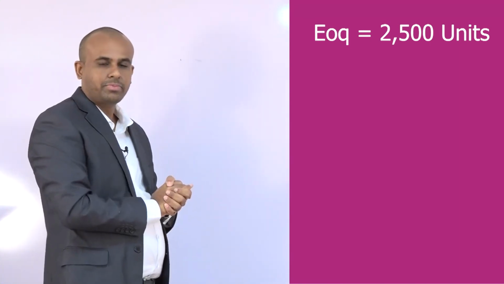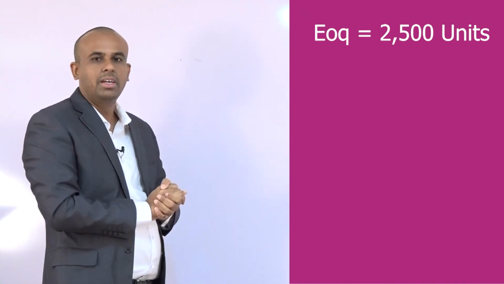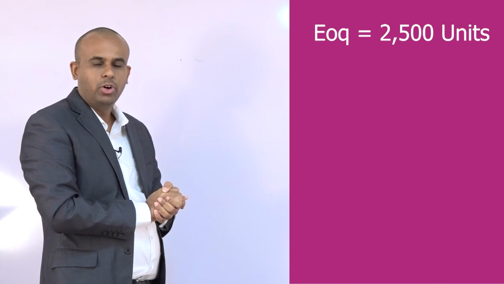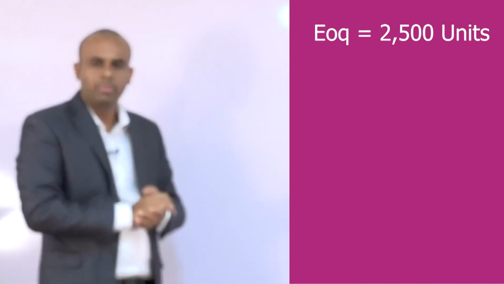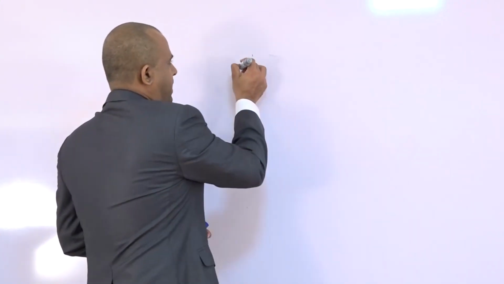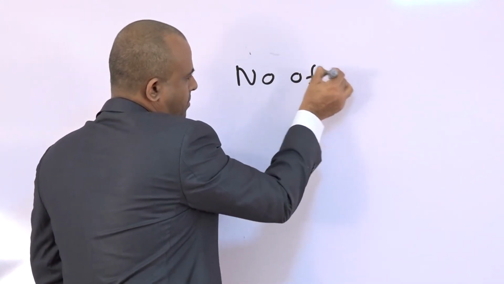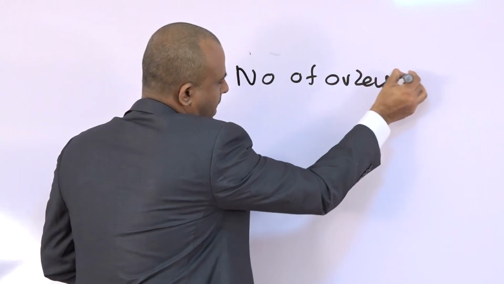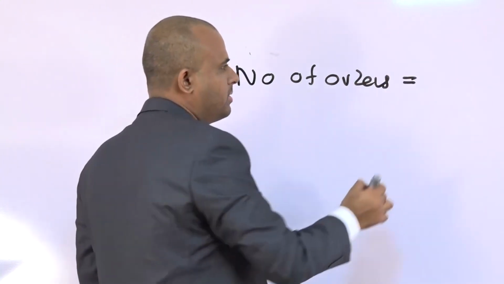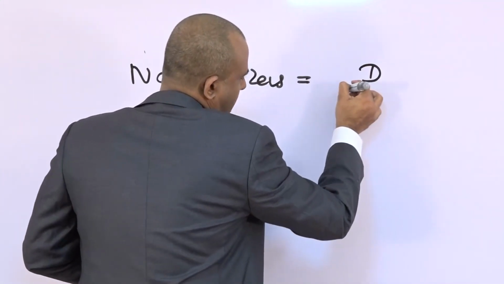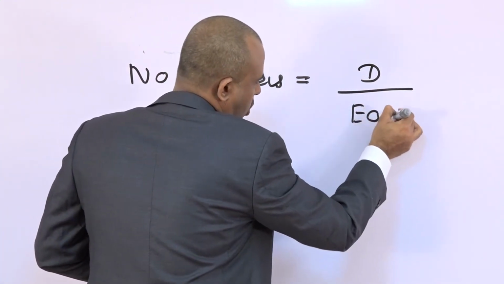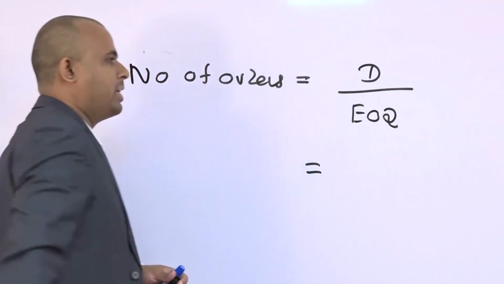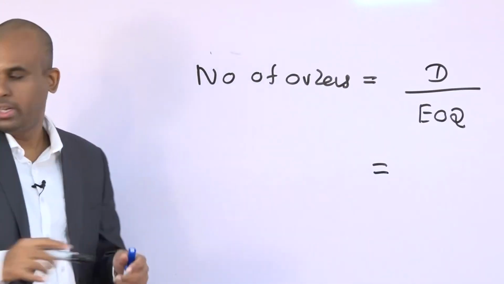What is next? Yes, next requirement is to calculate the number of orders, right? How are you going to calculate the number of orders? Number of orders equals annual demand divided by economic order quantity.